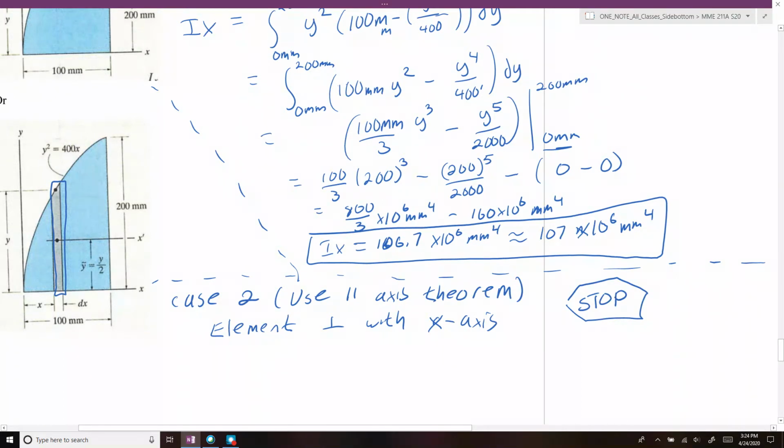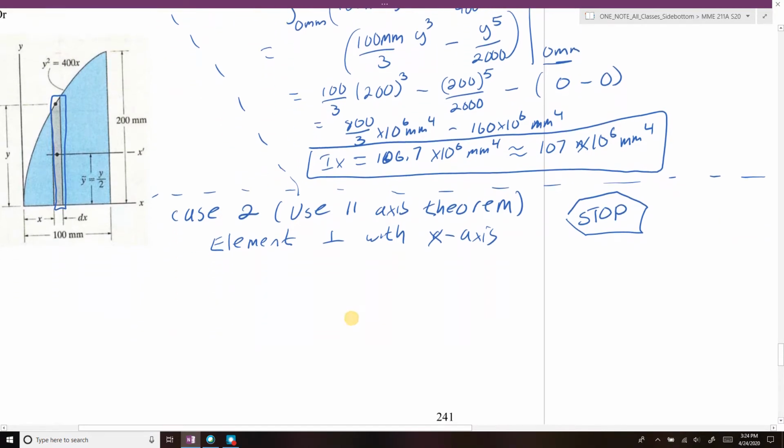Go back in the packet a couple pages so you can look at the equation that you would need to determine the moment of inertia. Okay, so in here, I'm going to solve for I of x. So we're going to use the parallel axis theorem.